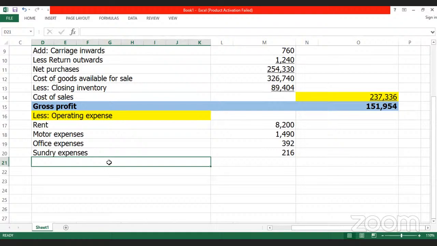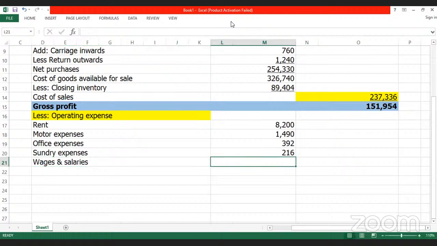Wages and salaries. Thank you. How much are the wages and salaries? 39,600. Yes.